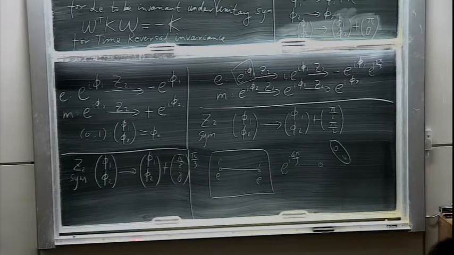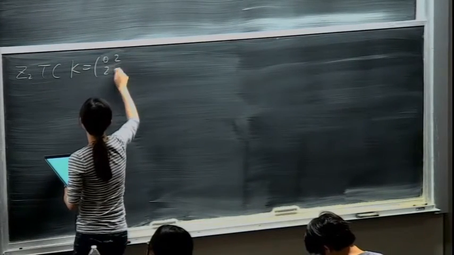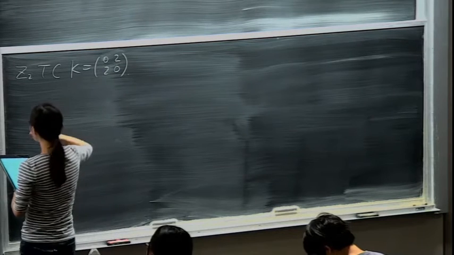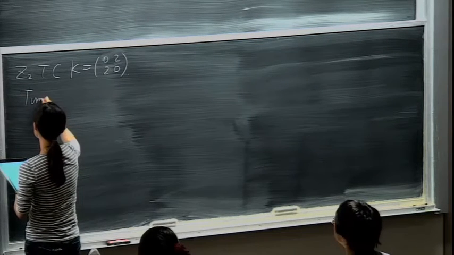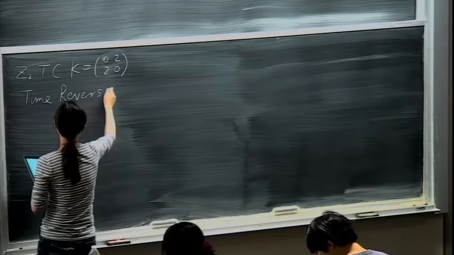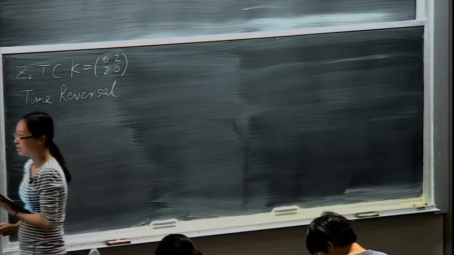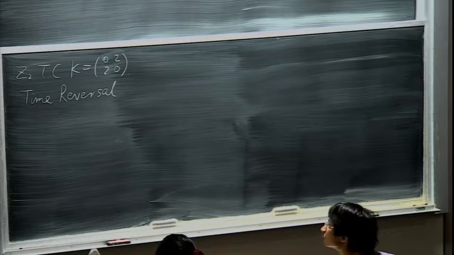So we want, still again, Z2 toric code with K matrix 0, 2, 2, 0, and time reversal. Now, if we want time reversal, this W matrix cannot be trivial, right?